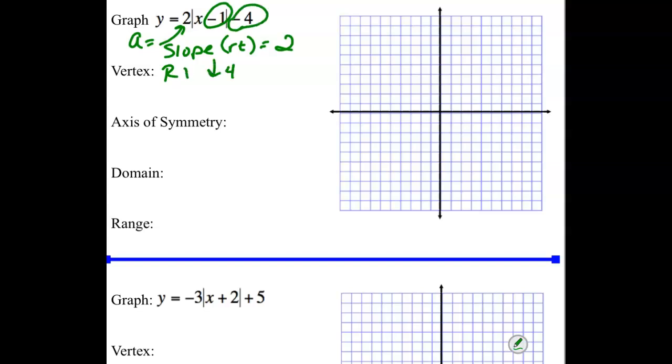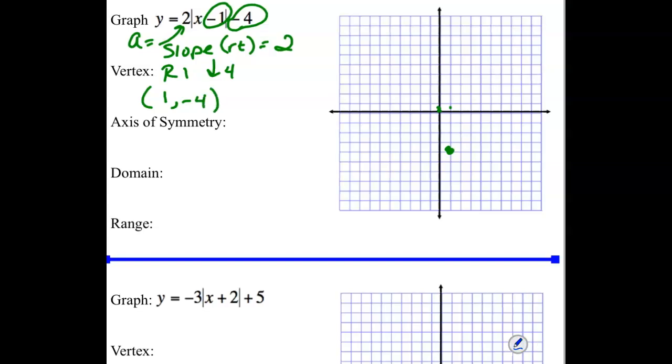So picture my vertex moving from the origin, right 1 and down 4. It's going to land there. So my vertex would be (1, -4). My axis of symmetry is going to go right through that, so it would have the equation x equals 1.